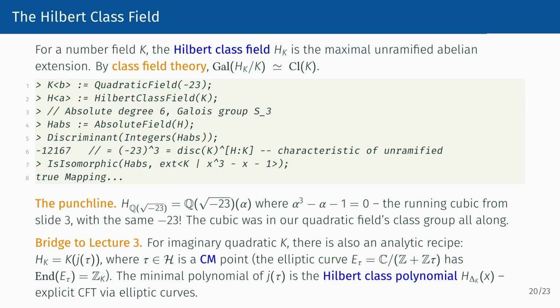So you can always multiply points on the elliptic curve. It gives you natural endomorphisms, maps from the elliptic curve to itself that preserve the group structure. But if you have more than that, for example, multiplication by something like square root of minus 23 in your lattice.